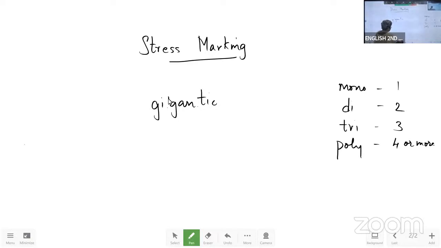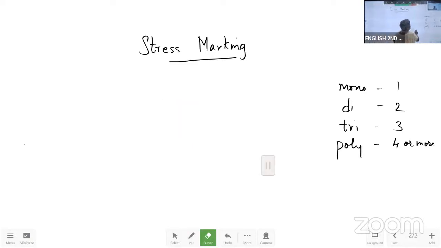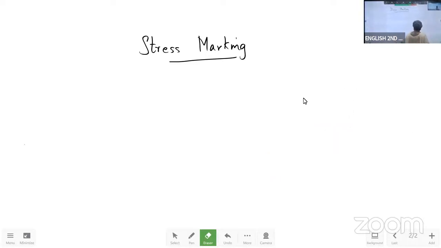Now, just like prepositions, stress marking is also very, very unpredictable because there are not many rules for stress marking. So please, children, follow carefully. Prefix. What is a prefix?